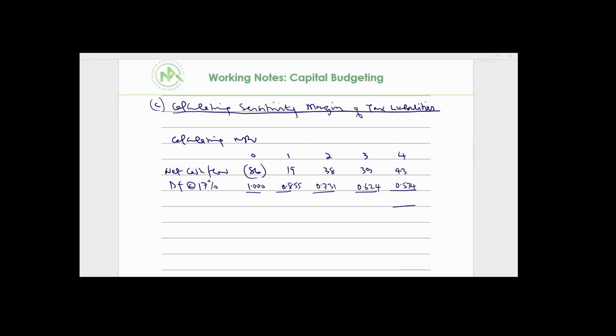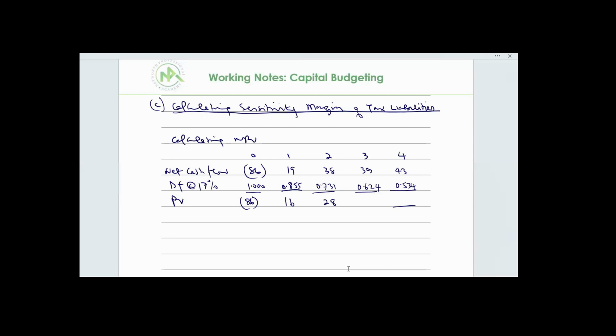What's the present value? Let's hurry up because of time. Here is 86. PV of year 1 is 16. Year 2, 28.